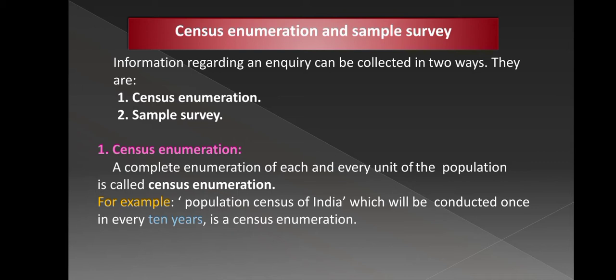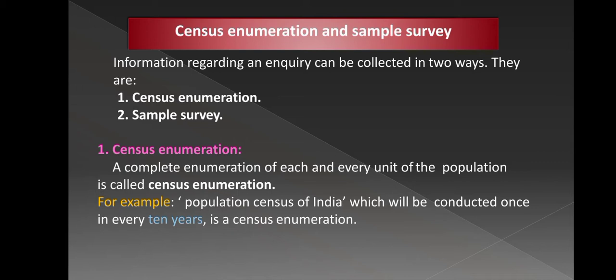For example, the population census of India, which is conducted once in every 10 years, is a census enumeration. In census, we are collecting the data of each and every person.